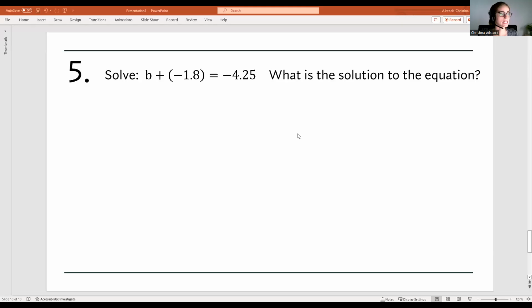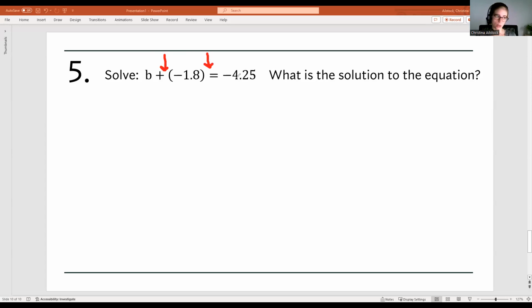All right, last but not least, number 5 here, b plus, and then in parentheses, a negative 1.8 equals negative 4 and 25 hundredths. Kind of like the first problem we started with, I can see that my parentheses are just grouping the negative with our decimal number because there's nothing on either side of it that's being multiplied.